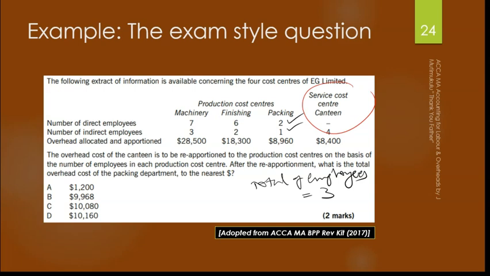Now we need to determine the number of employees in all production departments. Here we've got 7, 3, that's 10, 16, 18, plus the last 3, that's 21. So total employees is equal to 21.